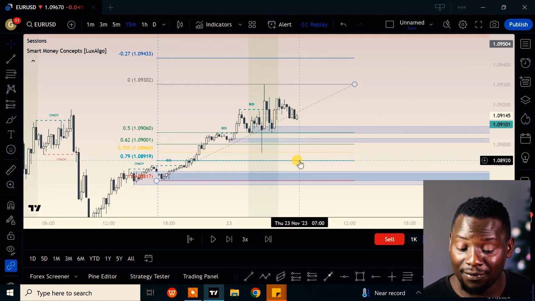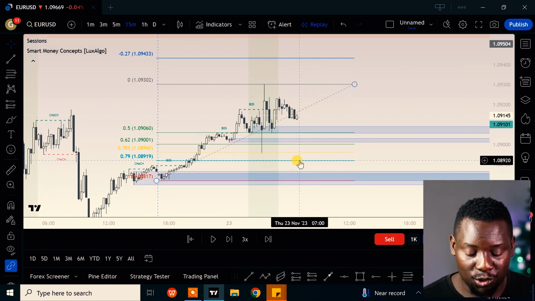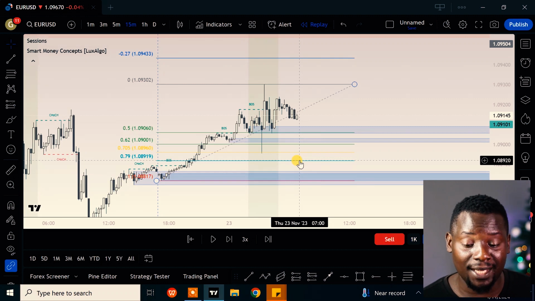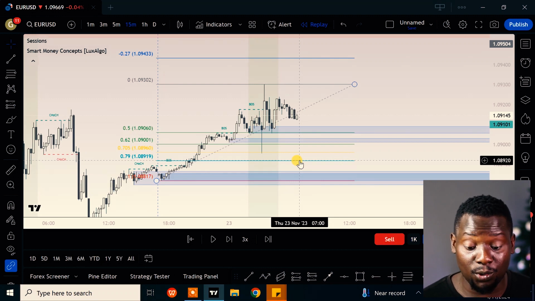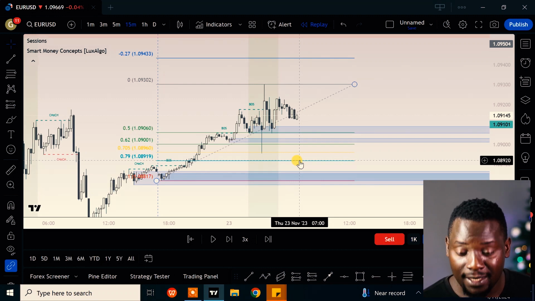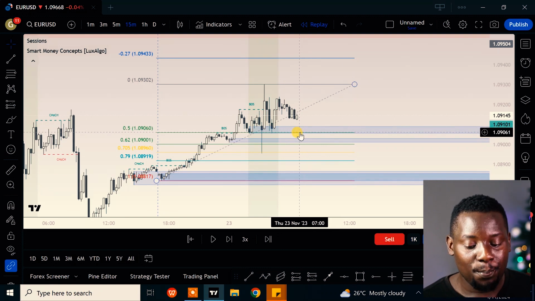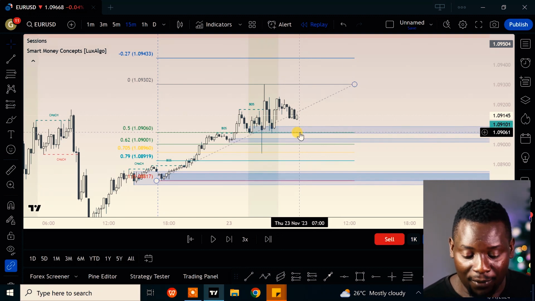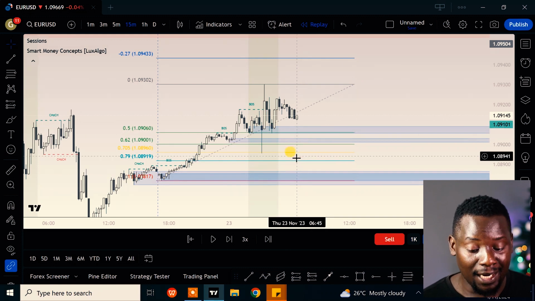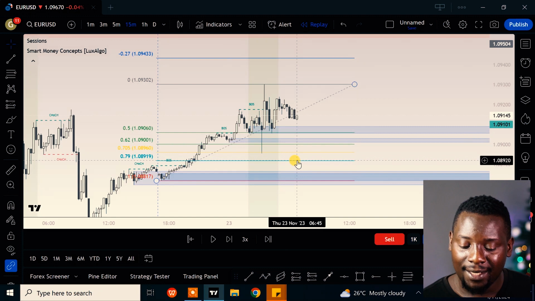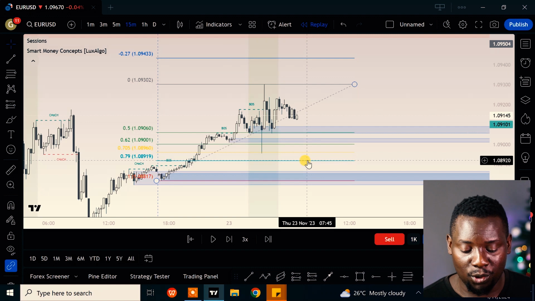It gives you a very high risk to reward ratio, which enables you to recover your losses in case you take any losses along your journey, because we are going to aim for a 1 to 4-5 RR. If you didn't know, usually by about 7 a.m. price starts to make a pullback down to this level. So at around 8:30 it should be around this level, and that's when we're going to take our trade.